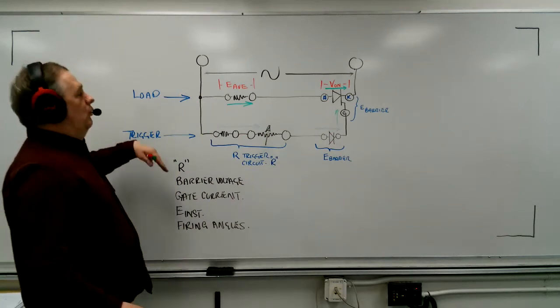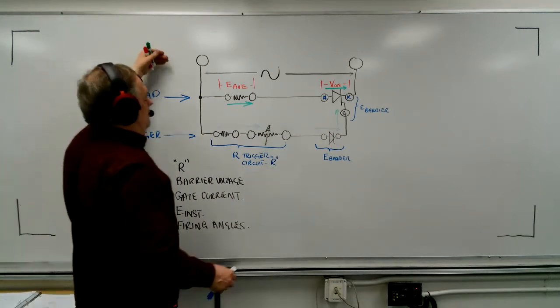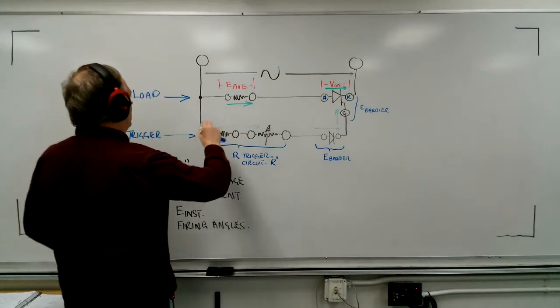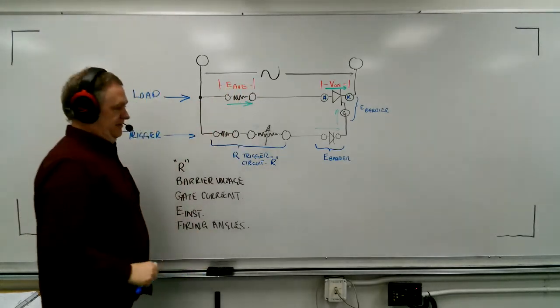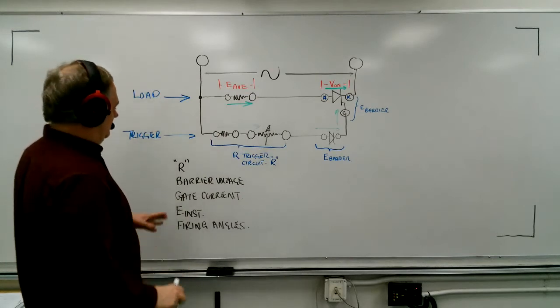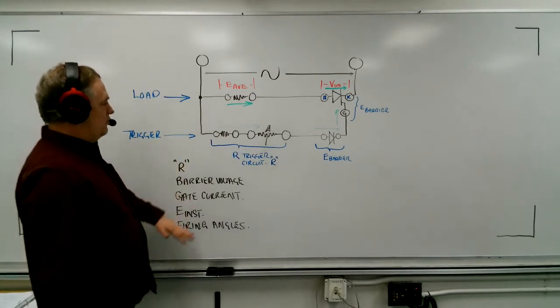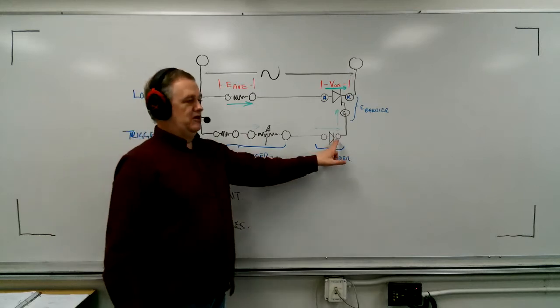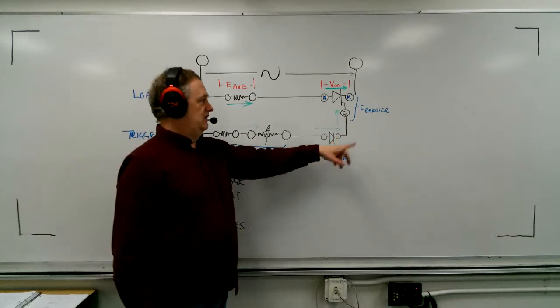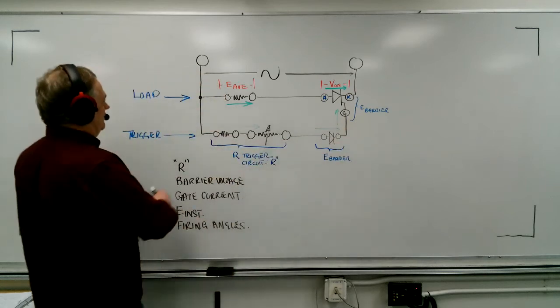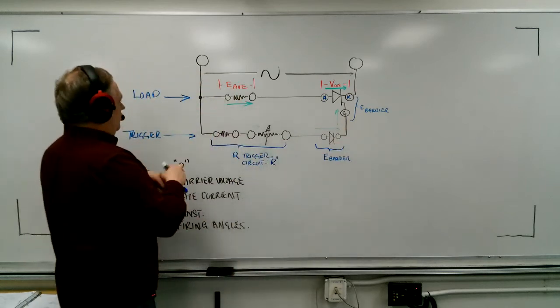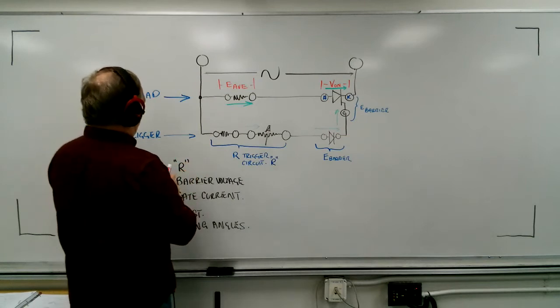Now, when we come to the load circuit, pretty much what we're interested in is how much load voltage we have, okay? You can stop worrying for a moment about the barrier voltage of the diode or the barrier voltage of the gate. You can leave those things alone and say, I just want to know what the E average is.